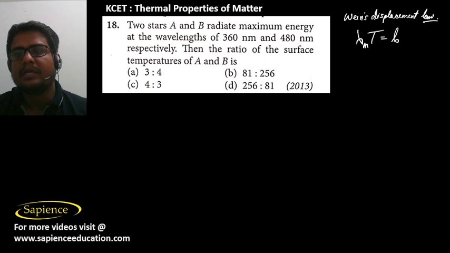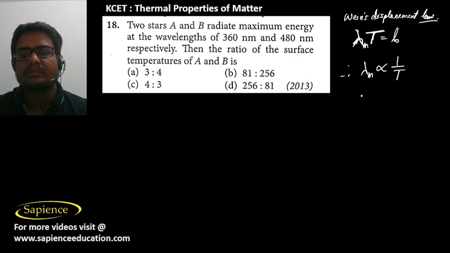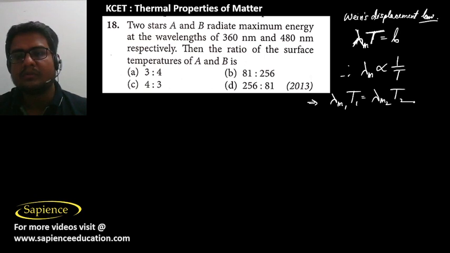Here lambda m is the wavelength corresponding to the maximum intensity of radiation, T is the surface temperature, and B is the Wien's constant. So lambda m is inversely proportional to T, since B is a constant. Therefore lambda m1 into T1 is equal to lambda m2 into T2.